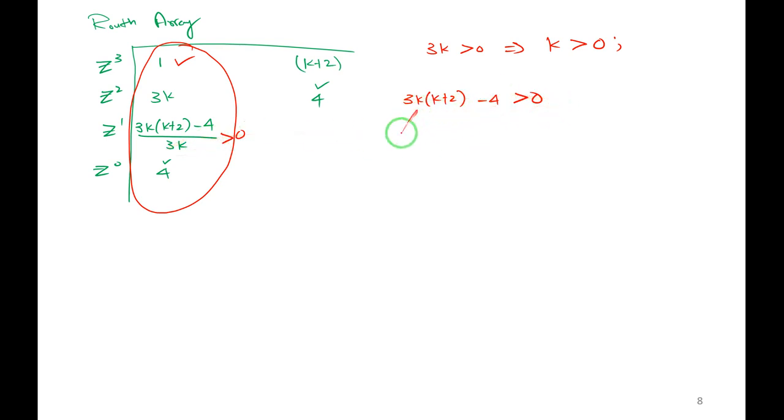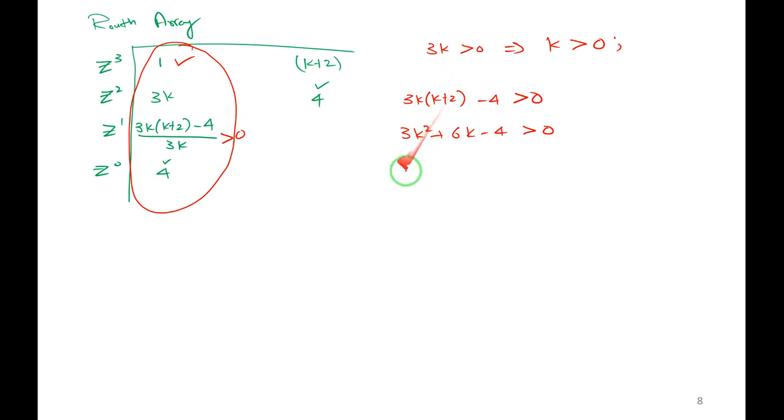Okay, 3k into k plus 2 minus 4 is greater than 0. Let us see what conditions will come here. 3k square plus 2 3 is 6k minus 4 is greater than 0. So we'll see the conditions. We will solve the roots of this and we will calculate the conditions for k. So I'll go to the second degree equation: a is 3, b is 6, c is minus 4.